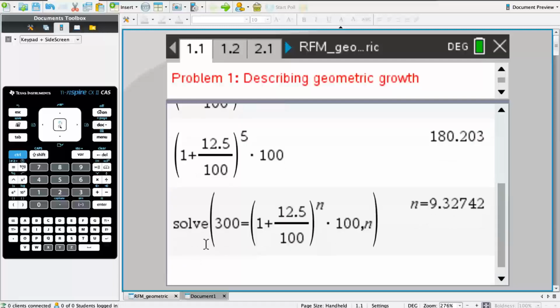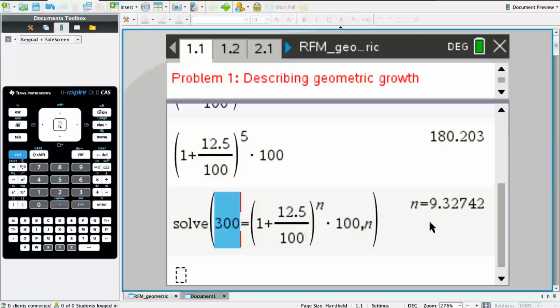So solve, when is Vn, this is the direct rule, equal to R, big R if you like, to the power of n, multiplied by V0, which is 100 in this case. And we can see that it will take about 9.3 years.